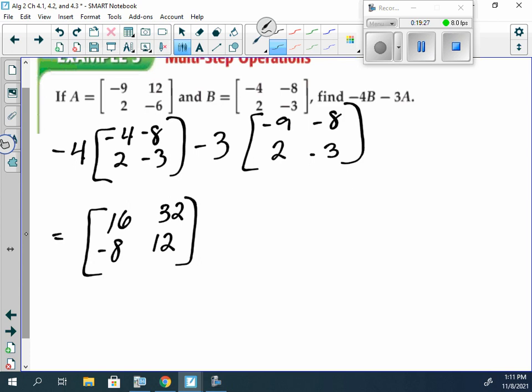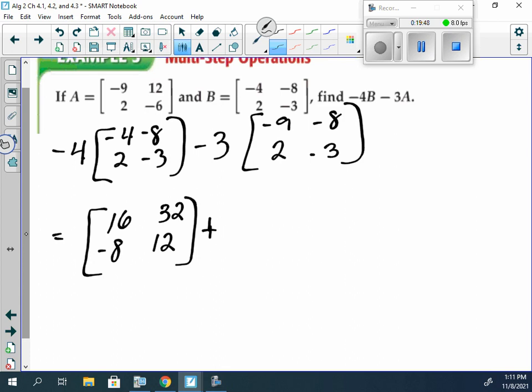Now, on the next one, because we do have minus 3 or negative 3, we can multiply through by negative 3. We can multiply through by 3. If we multiply through by positive 3, we're going to end up subtracting. But if I multiply through by negative 3, we're going to add, because I took that negative inside.